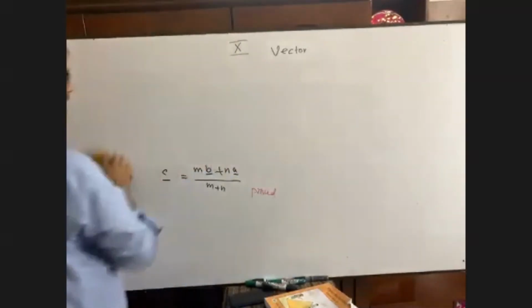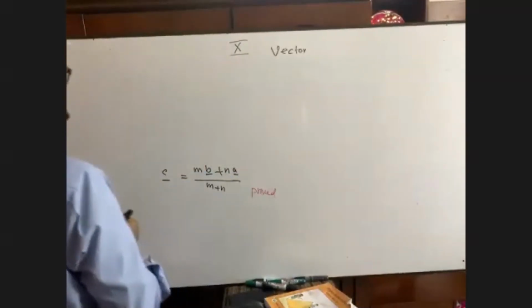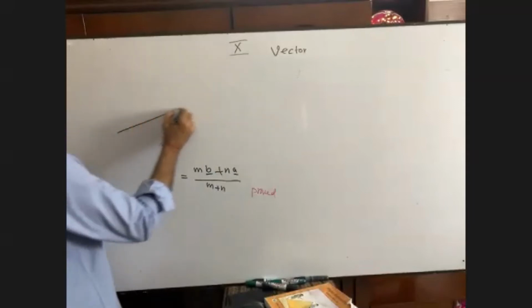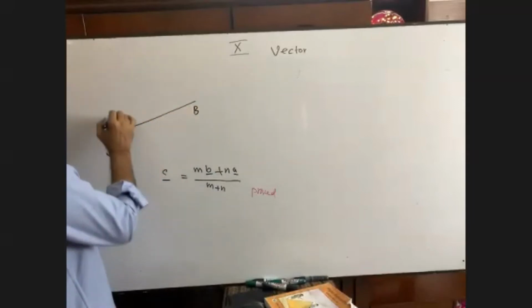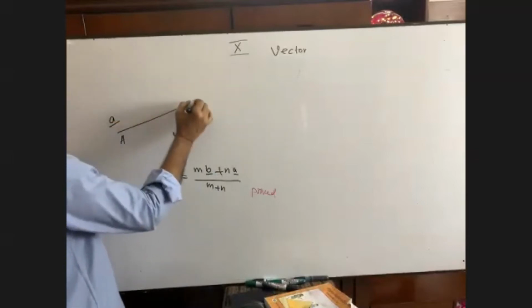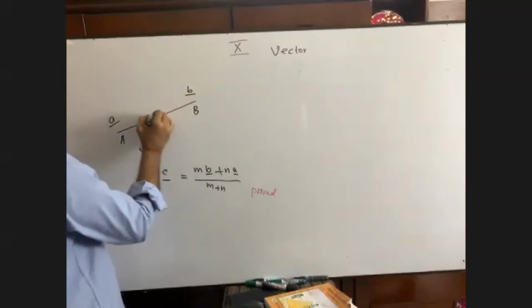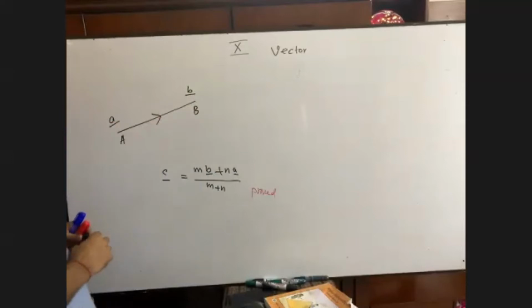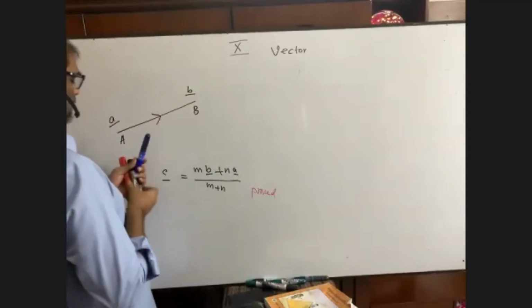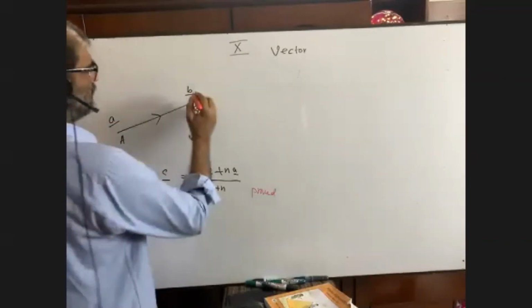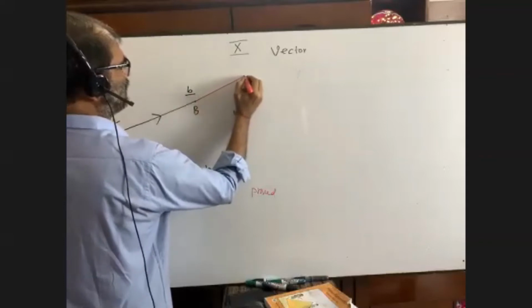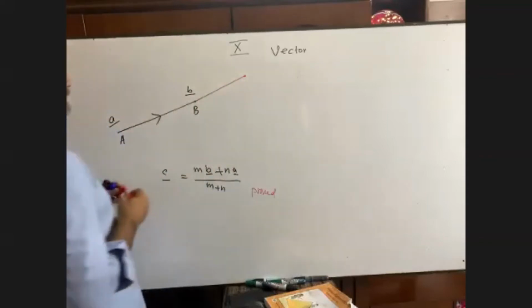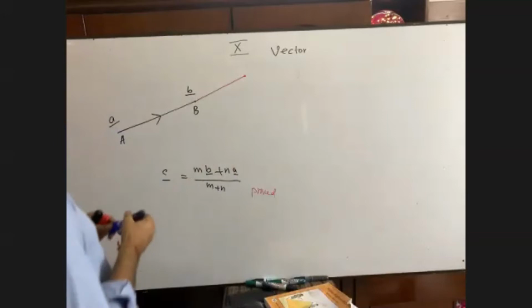But if the map is given like this, suppose it is AB. Position vector of A is A, position vector of B is B, and AB is divided at the point C. Then what will you do?